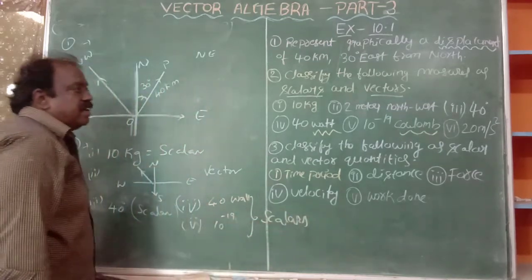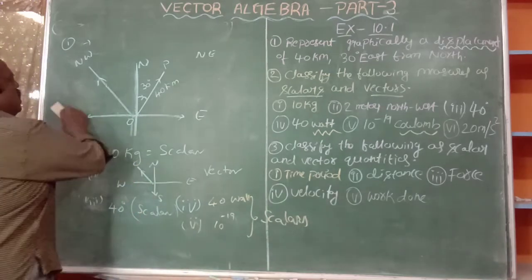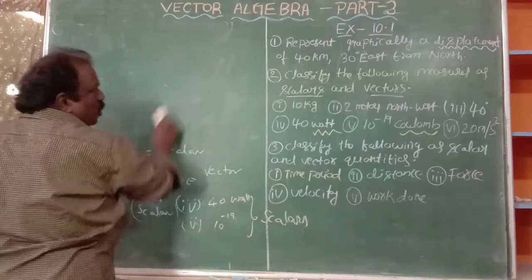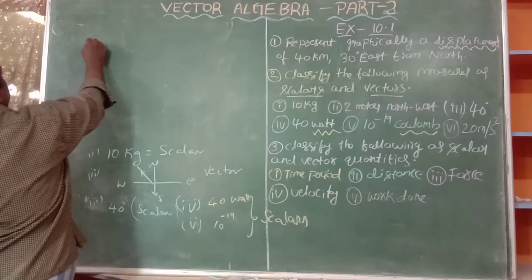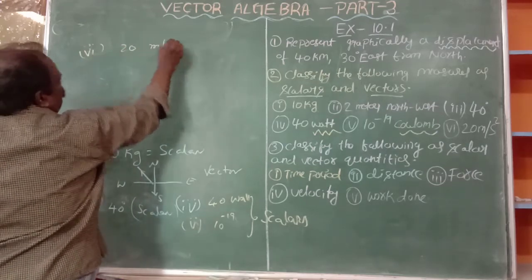Now next, the last one is 20 meters per second square. Sixth one. 20 meters per second square is there.